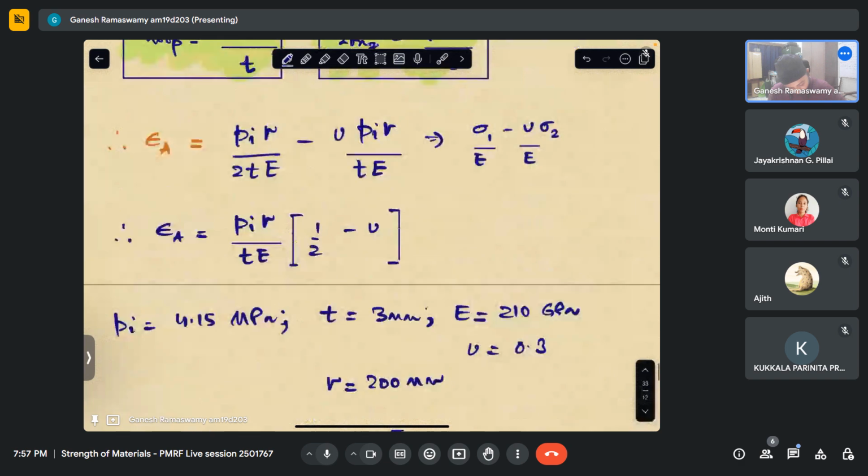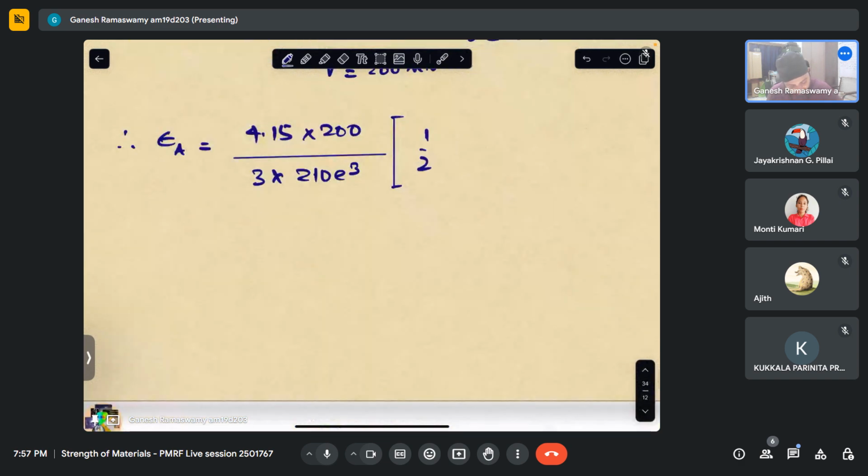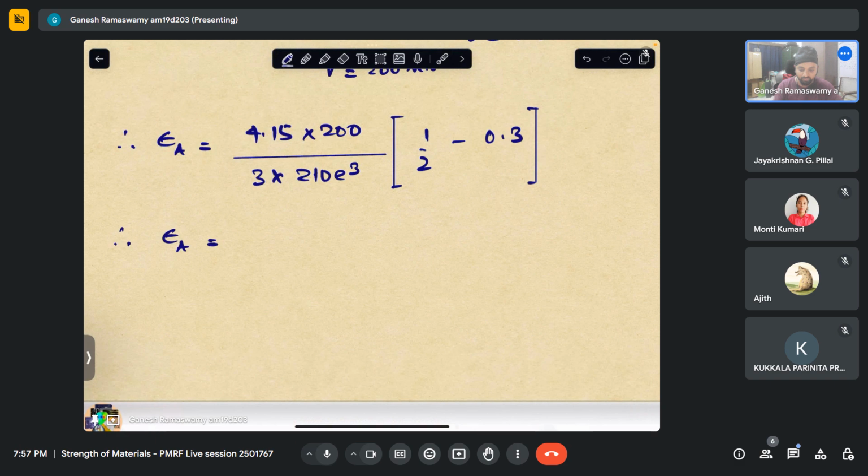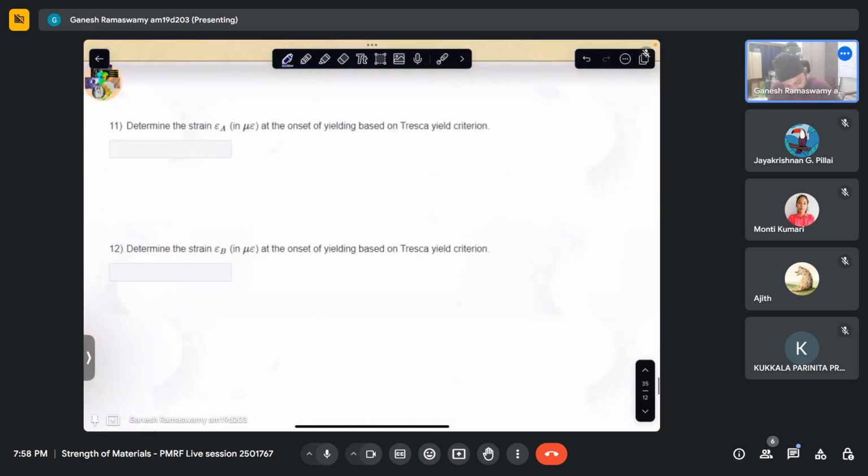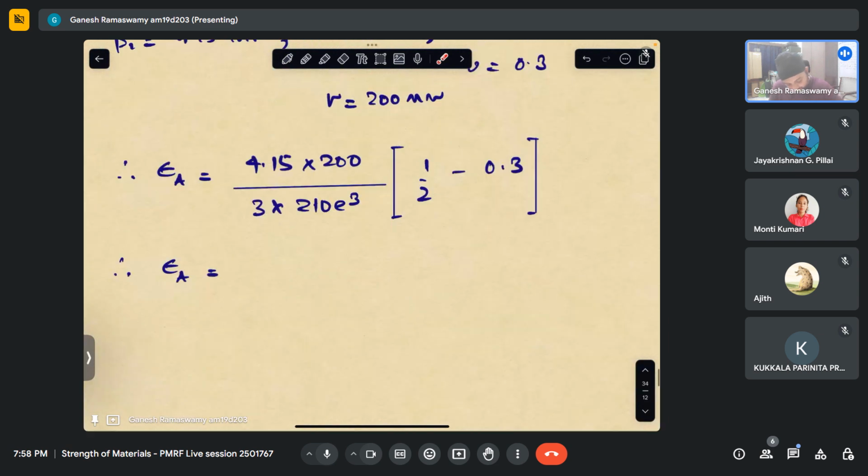So what does this come out to be? 3 into 210 E3, 4.15 into 200 into half minus 0.3. And naturally, in the question, we have been asked to report this in microstrain, so I just have to multiply this by 10 power 6. So this comes out to be 263.5 microstrain.